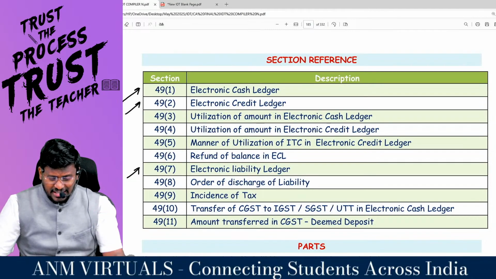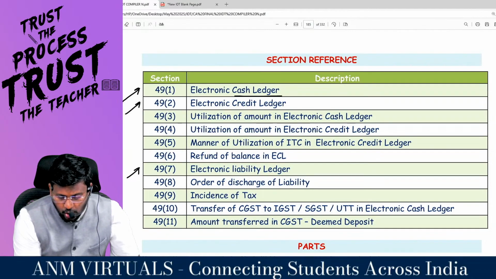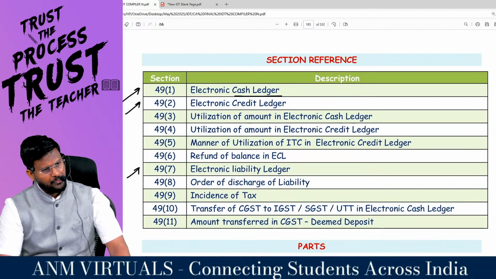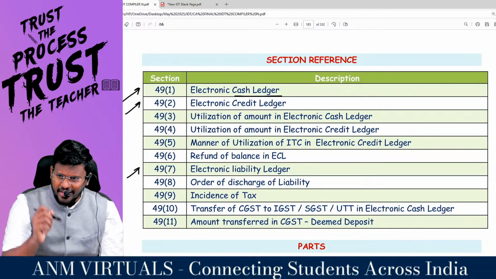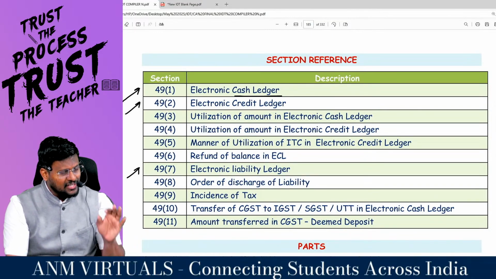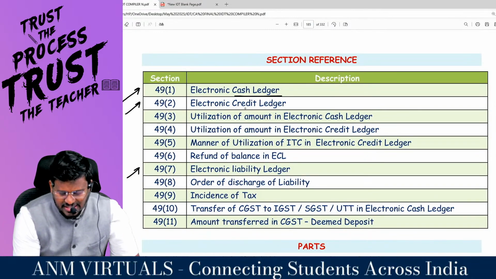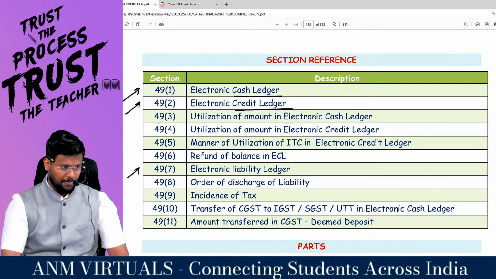Sometimes we may deposit our money with the government. That money will go and sit in the electronic cash ledger. When we purchase goods or services or both, we will be paying GST. That GST amount will go and sit in the electronic credit ledger.